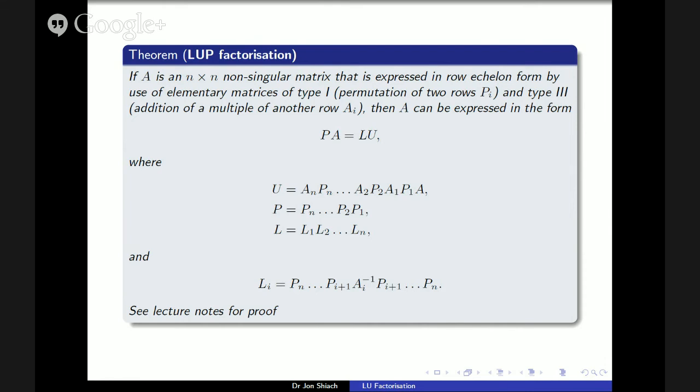What you do for L is you have a product of L1 times L2 times L3, etc. This is how many row operations you did. Now, for L1, if i is 1 here, you start off with the inverse of A1, which is going to be your first addition.